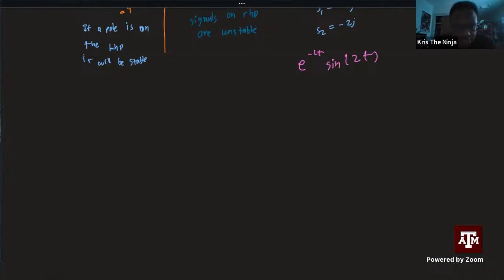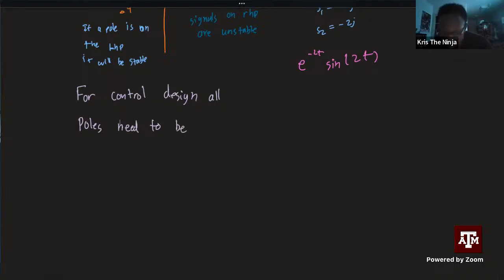Essentially, what I just explained is that for control design, all poles need to be in the left half plane.